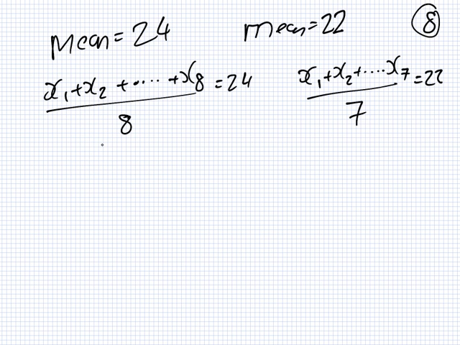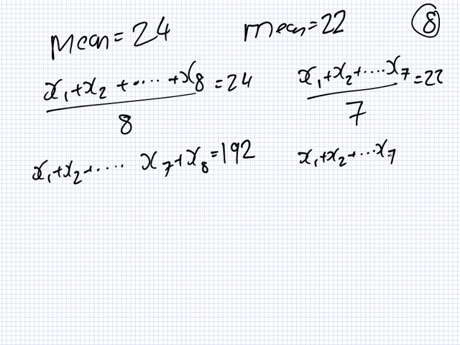So a bit of rearranging here. I can get x1 plus x2 plus dot dot dot x7 plus x8 equals 24 times 8. What's that? 192. And likewise here, I can get x1 plus x2 plus dot dot dot x7 equals 154.